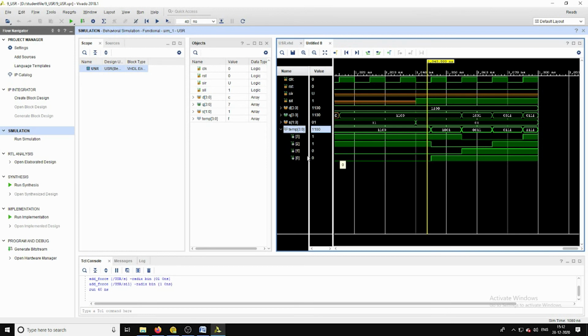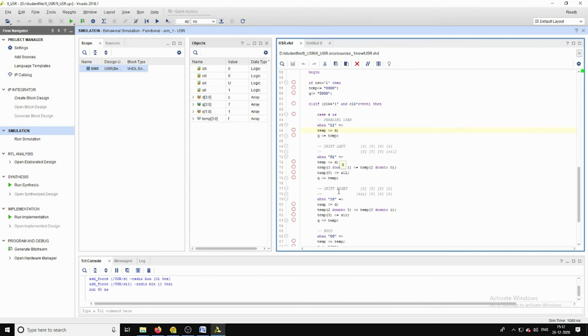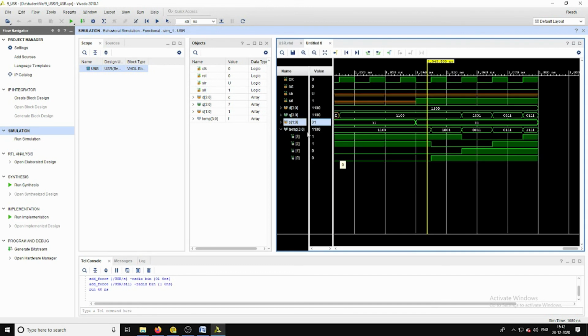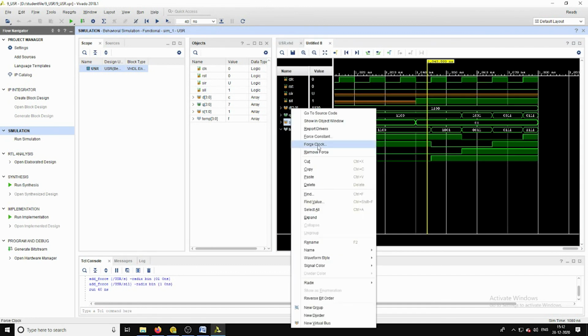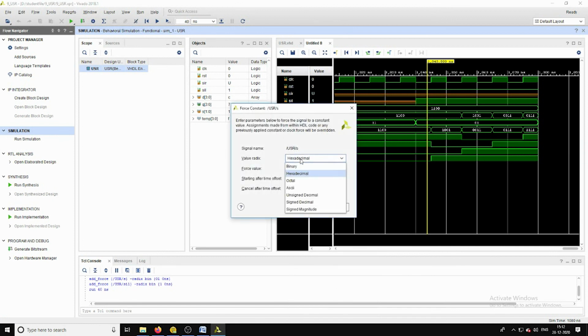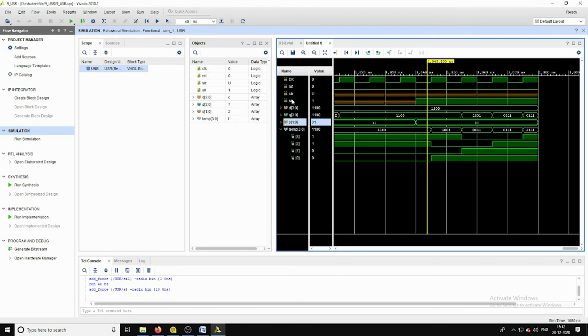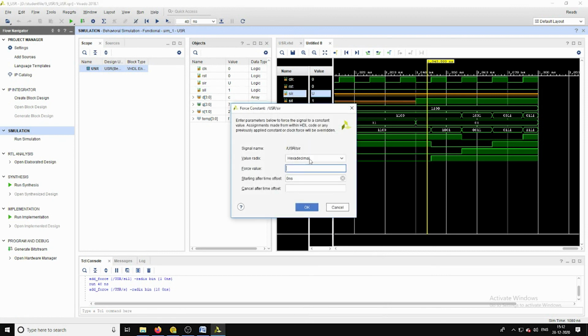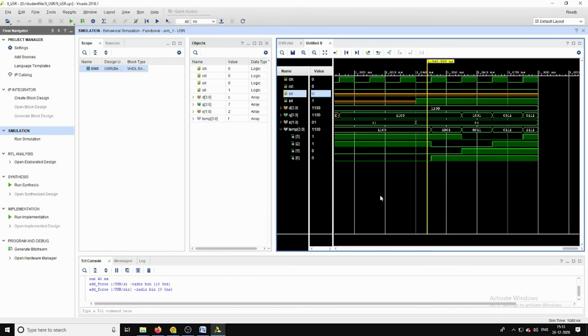Suppose we want to perform the next operation, that is the right shift operation, for which we have to give the selection line as 1 0. Here I am considering the selection line as 1 0, and I am assigning SIR a value, let us consider 0.